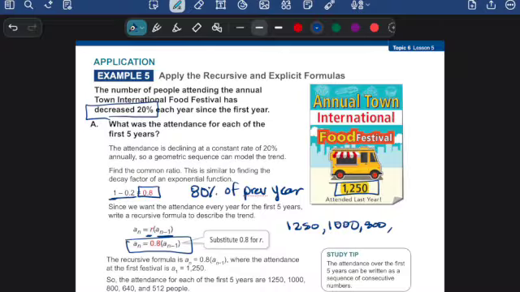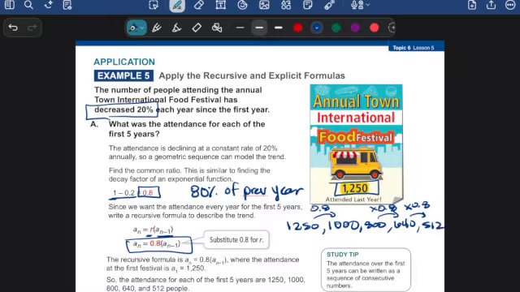Then 0.8 times 800 and we get 640. Do you see what I'm doing? I'm multiplying by 0.8 every time. Then 80% of 640, multiplied by 0.8 again, and we would get 512 for the 5th year.